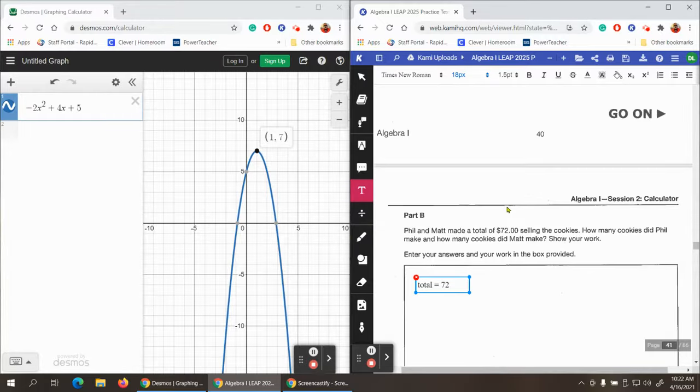Our equation was A equals 0.25 times 0.8 times m plus 1.25 m. All right, so now we know what our total is. So our total is 72, and that equals parentheses.